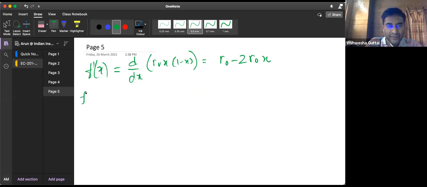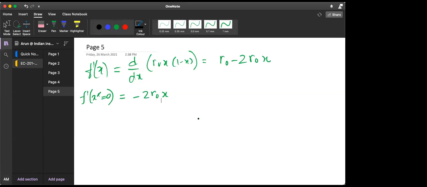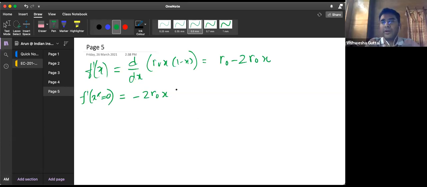Now, what is f prime at x star equal to 0? Sorry, I have made a mistake, it's just r0. So f prime at x star equal to 0 is R0.